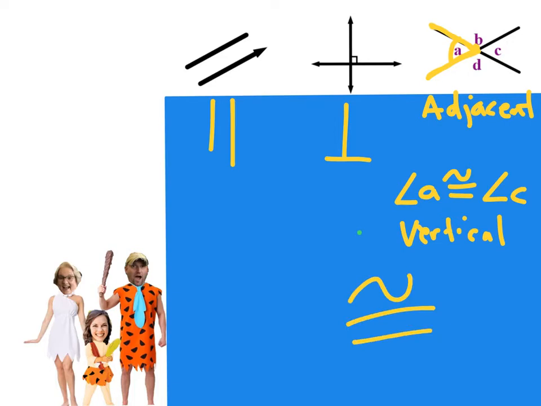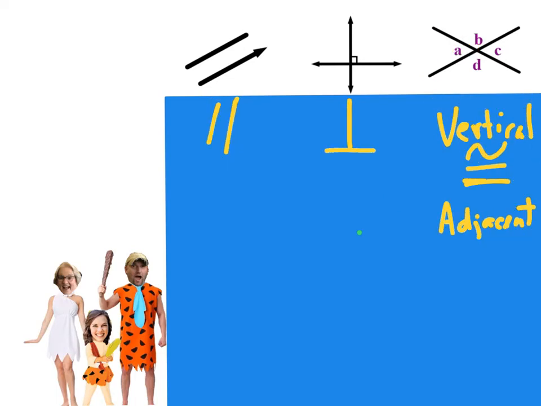So if angle A is 50 degrees, then angle C is 50 degrees because they are congruent, because they're vertical. Angle B is directly across from D, so B and D are also congruent because they are vertical angles.